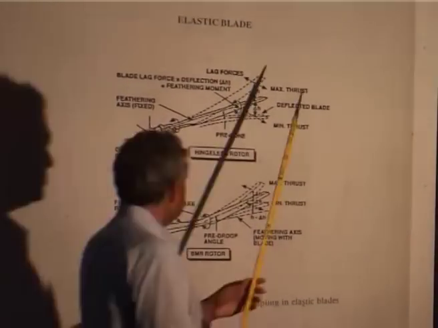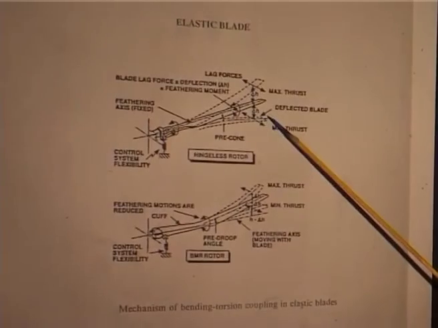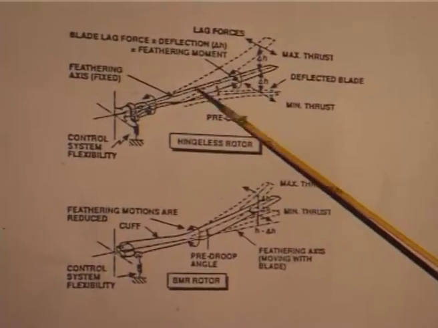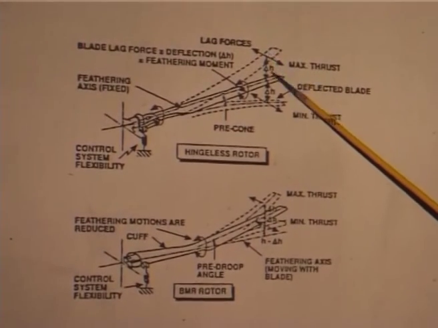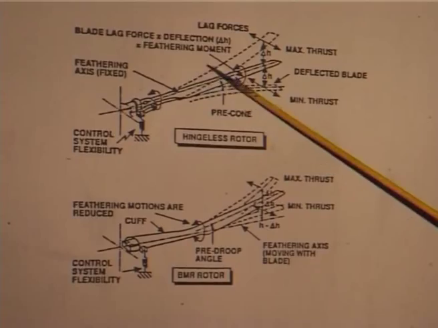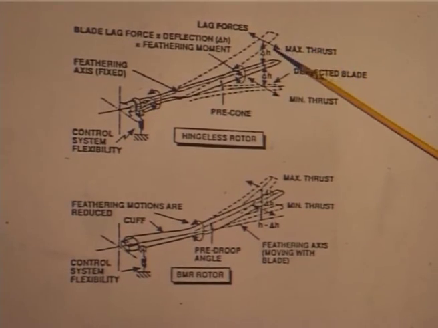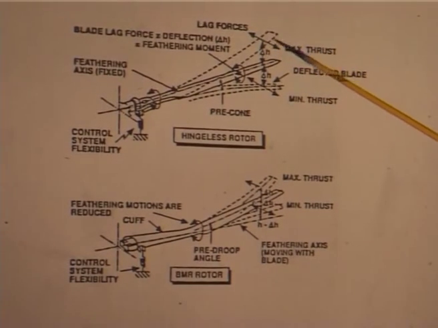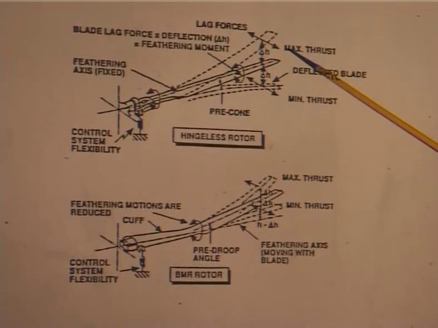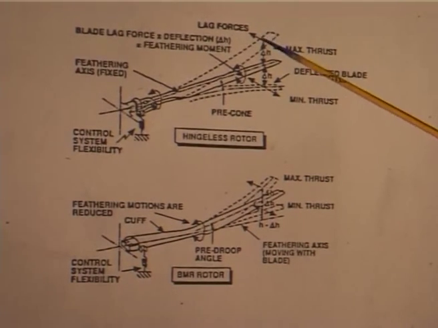You see, this is the original blade. This is the deflection, this is the deflection, okay, up, down, the dashed line. Now, lag forces will try to give a pitching moment, okay, lead lag forces.